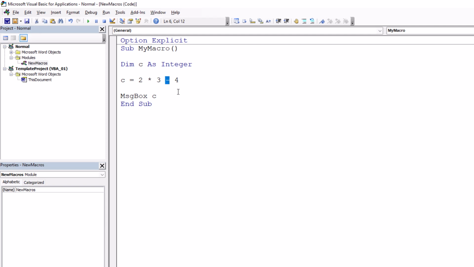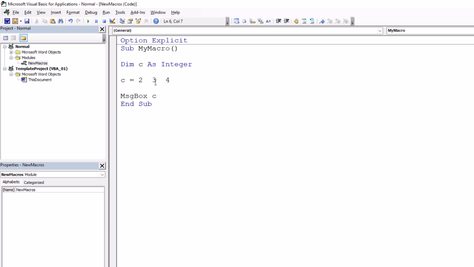Multiply and divide also have the same priority, and above these two we have the power sign. It is higher than plus, minus, multiply, and division.